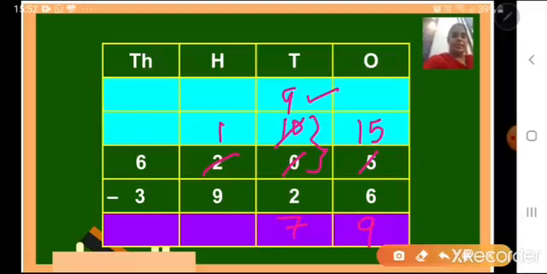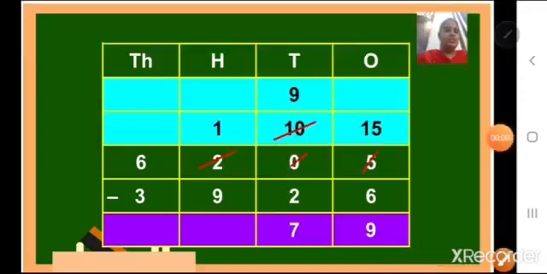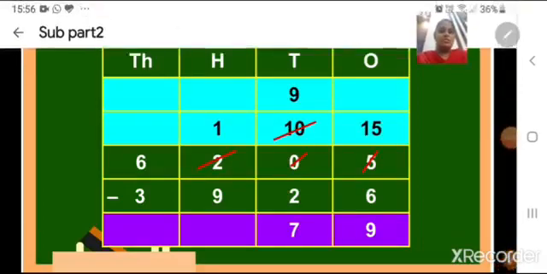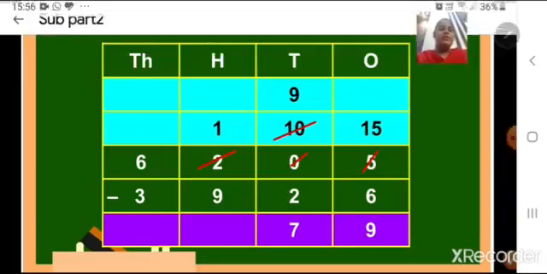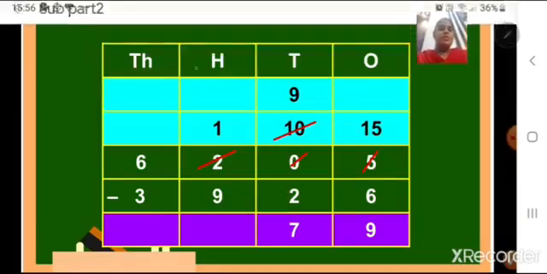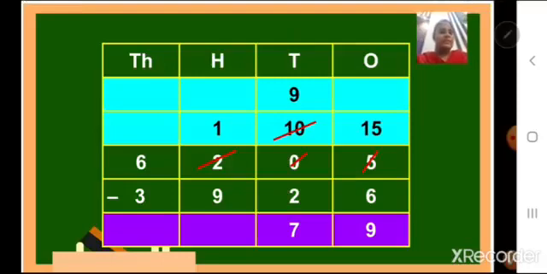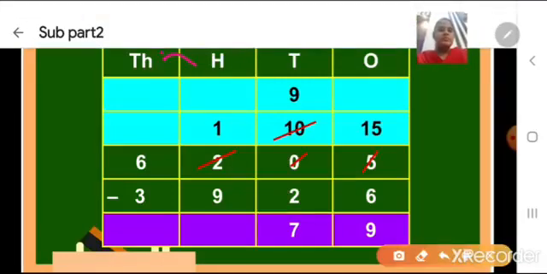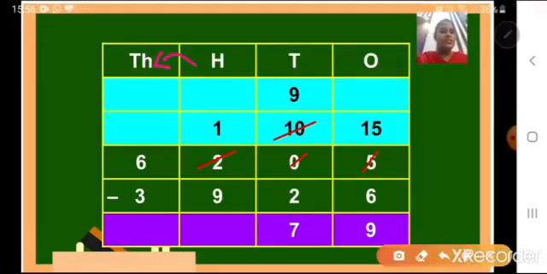In hundreds place, we have 1 minus 9. Now is it possible, children, 1 minus 9? No, it is not possible. So children, now hundreds will go to thousands and borrow from thousands place. Right children?